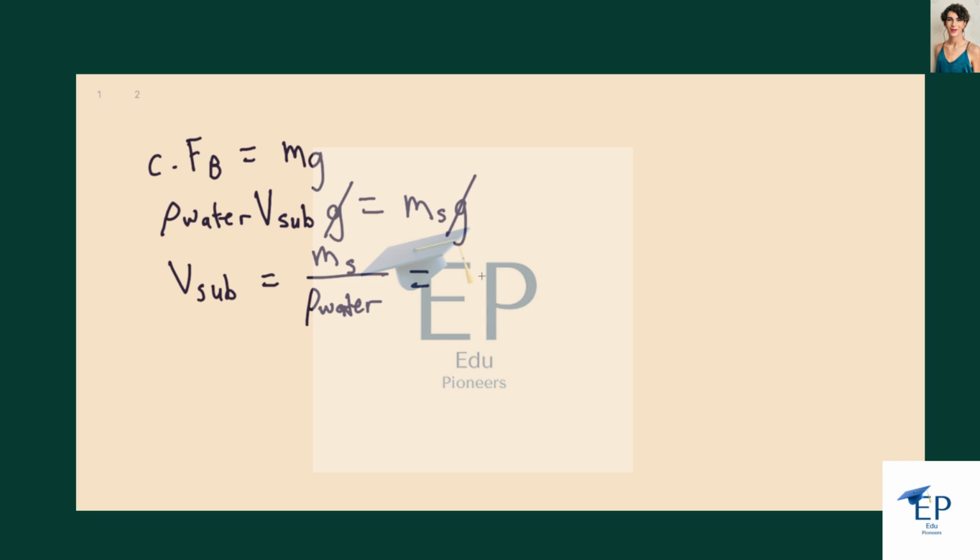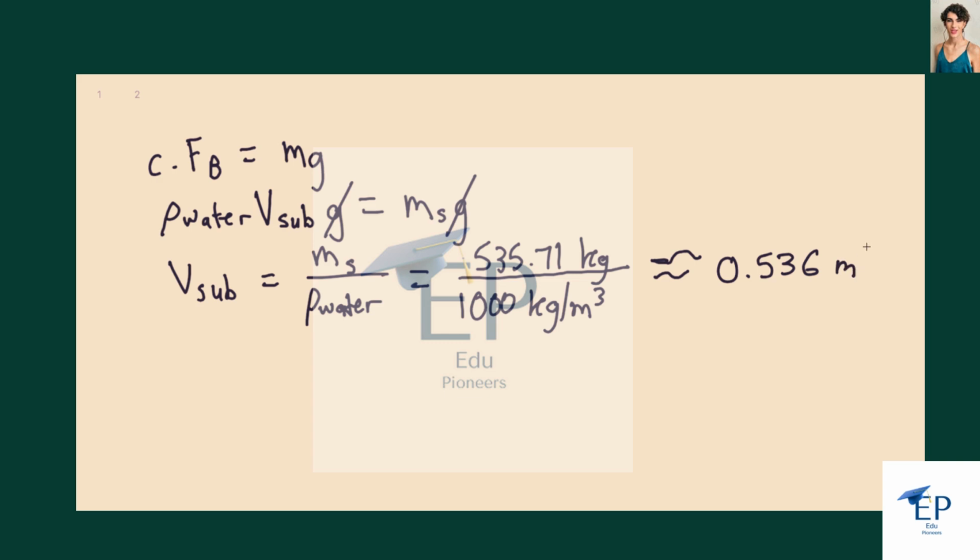Plugging in for our constants, we have 535.71 kilograms divided by 1,000 kilograms per cubic meter. And this is going to approximately equal 0.536 meters cubed. The percent submerged is simply going to equal the volume submerged divided by the volume of the sphere times 100.